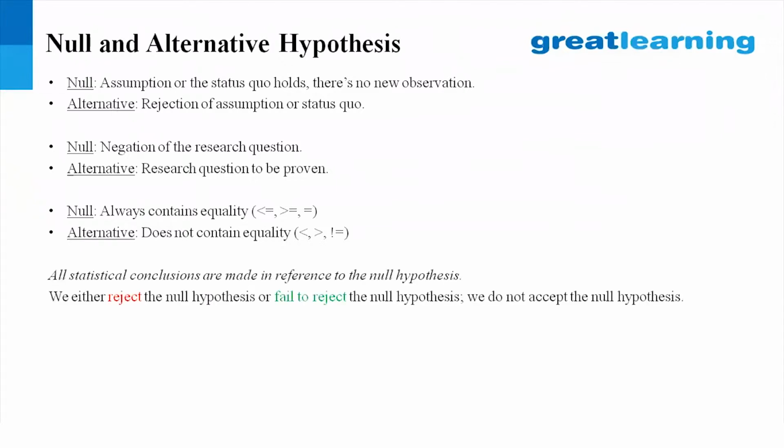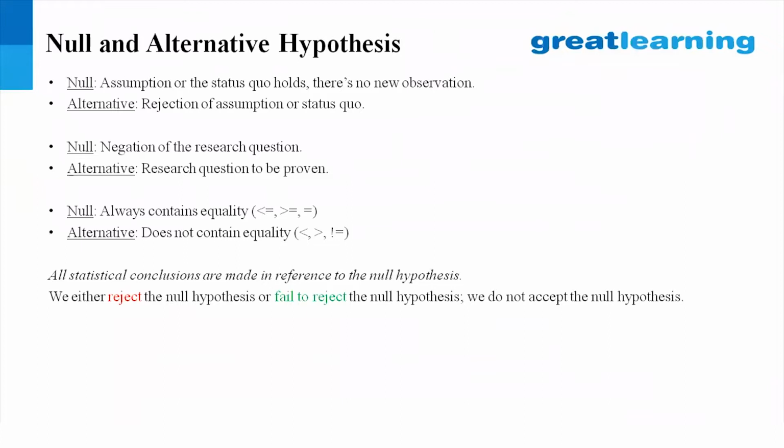Now, one more thing to keep in mind when you're writing the statements with respect to the null and alternative hypothesis. You formulate these statements, you test them using the statistical test. After that, you have to make some inferences. You reject the null hypothesis if it does not hold true.